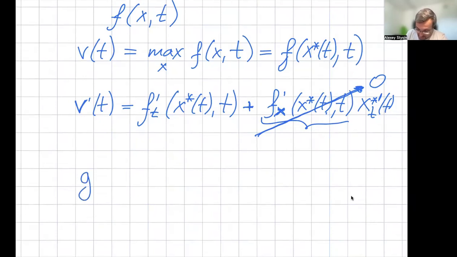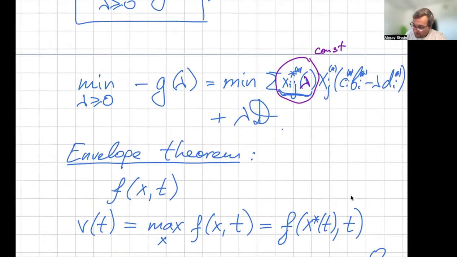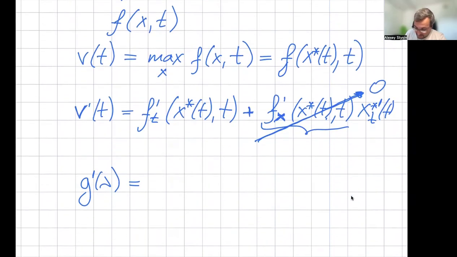The J, okay, we want to minimize, but it doesn't really matter. J prime lambda. And since this is a constant now, the only term that depends on lambda is this, the sum of k_ij x_ij star. It depends on lambda, and each k star depends on lambda.